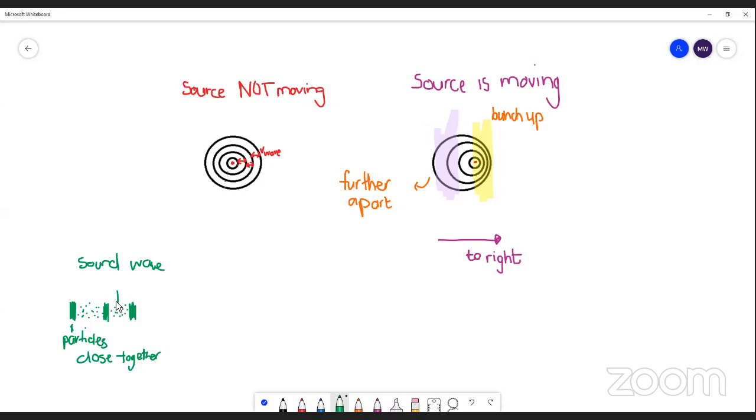In these areas here, you still have particles, but they're further apart.